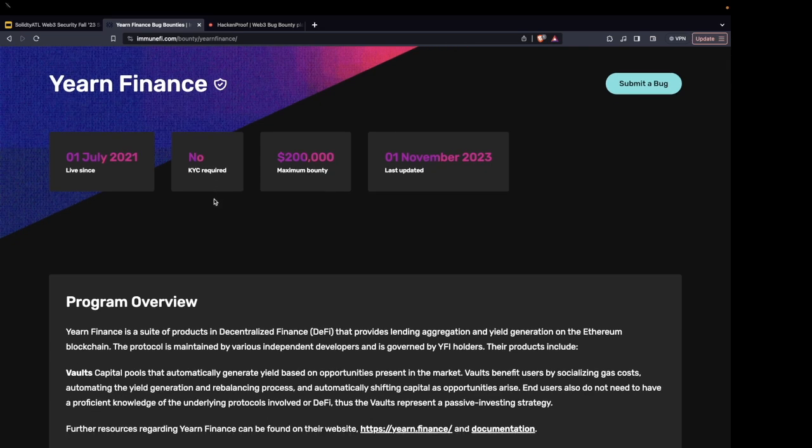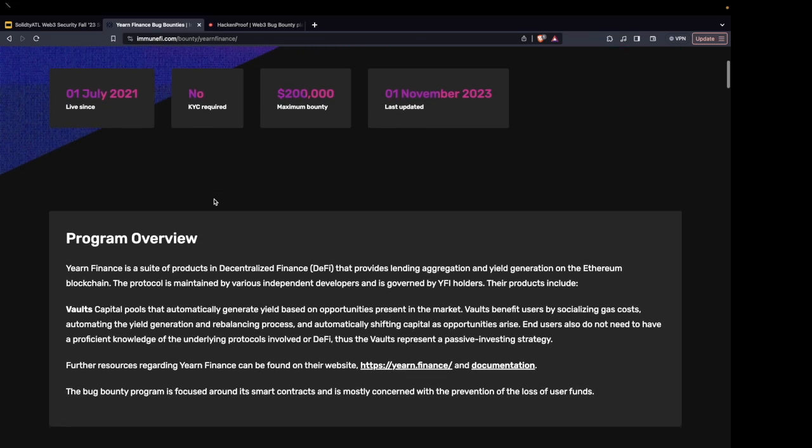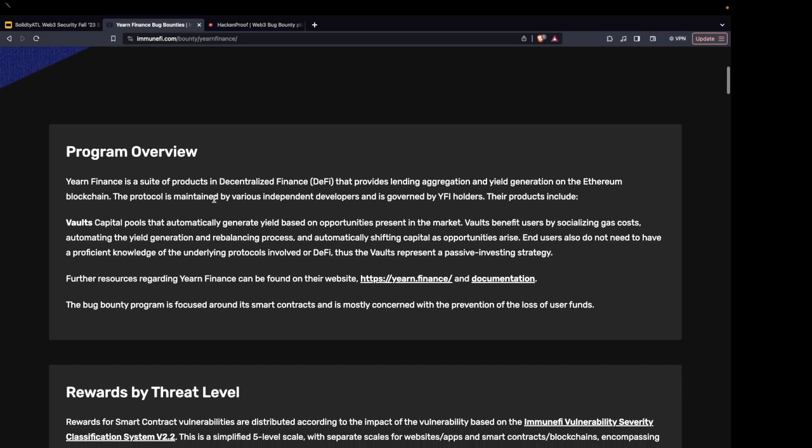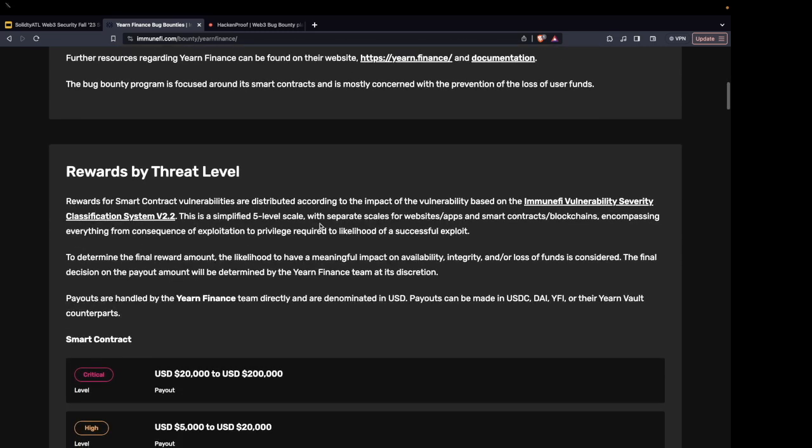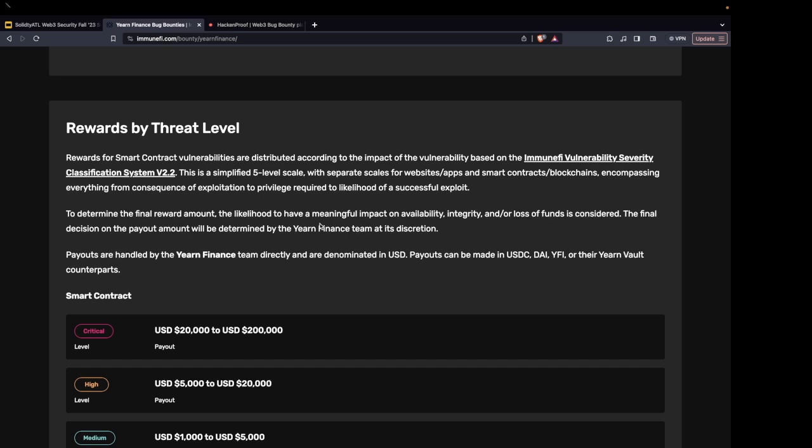Generally, in terms of the structure of what makes a good bug bounty posting, it's having a good high-level description of what the protocol is doing, linking to the website and documentation like Yearn Finance does here. Also having a clear breakdown of the different levels of vulnerabilities, and we're going to talk about these levels once we start diving into audit reports.